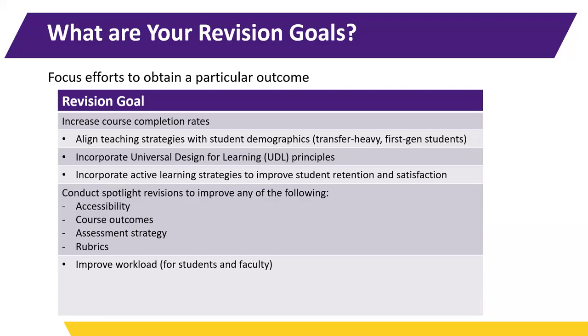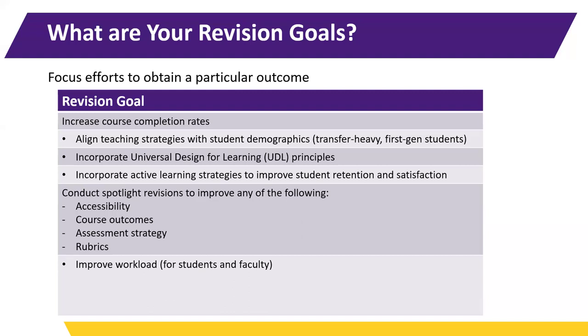You may have noticed as you teach that you're getting a mixed population of students. You're getting first-gen, transfer-heavy students that need a more differentiated approach. So those sub-bullet points under course completion rates are things that you might want to consider doing. Like, are your teaching strategies aligned or nuanced to deal with a differentiated population?